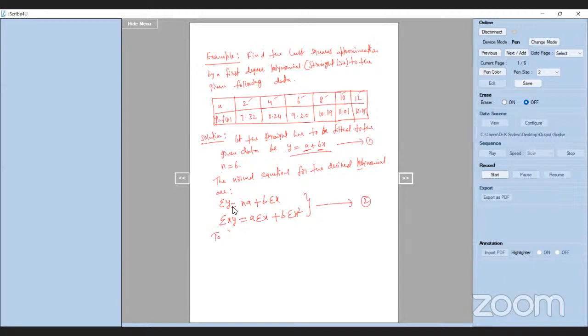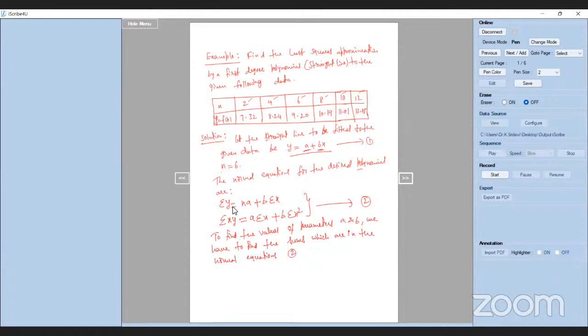Now, to find the values of parameters a and b, we have to find the sums which are in the normal equations too.